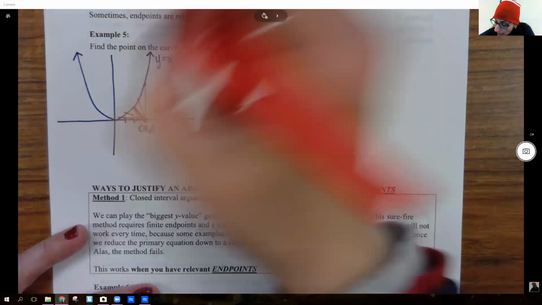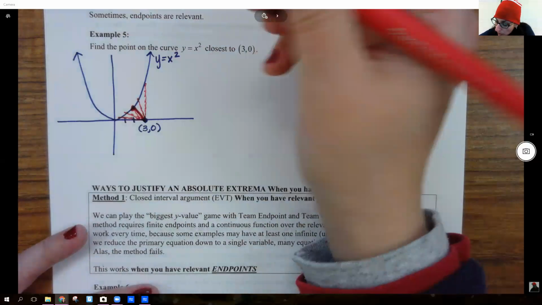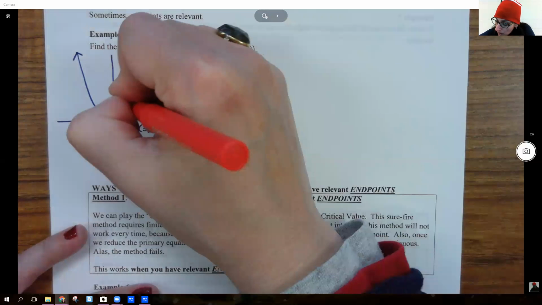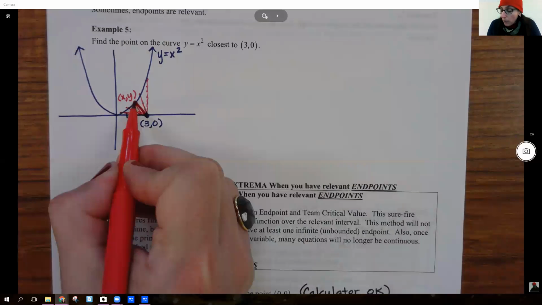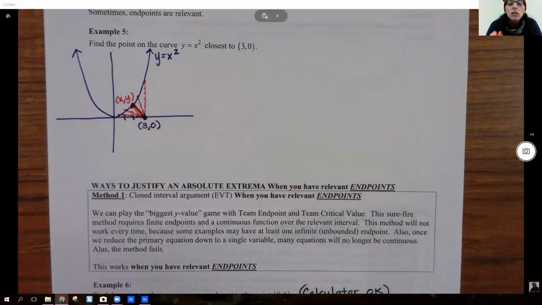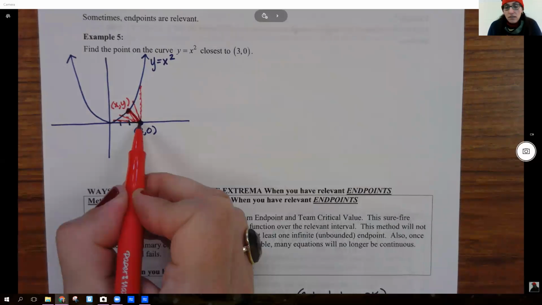So whatever this point is, it's on the parabola, so it'll be x, comma, y, right?